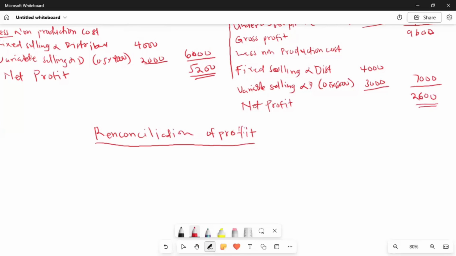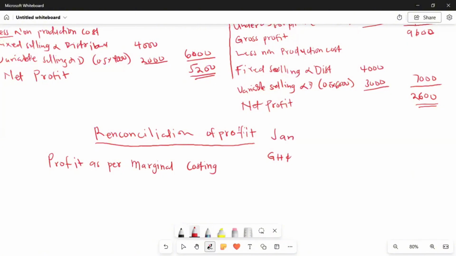So let's start with the profits as per marginal costing. Let's do the reconciliation for January first.